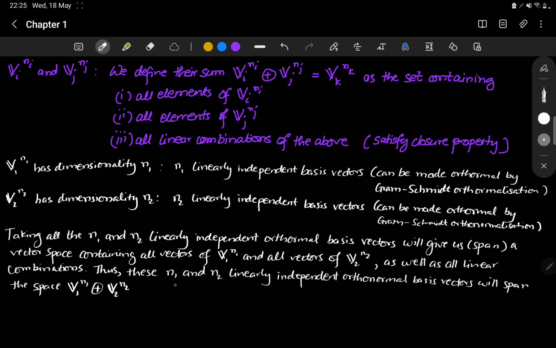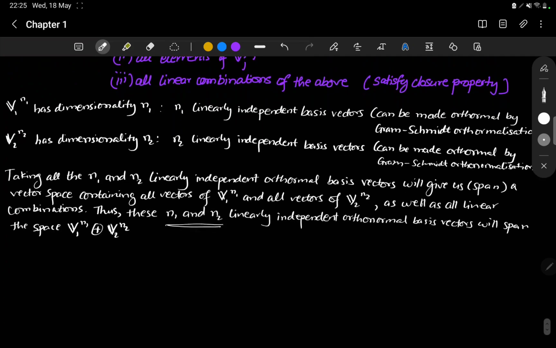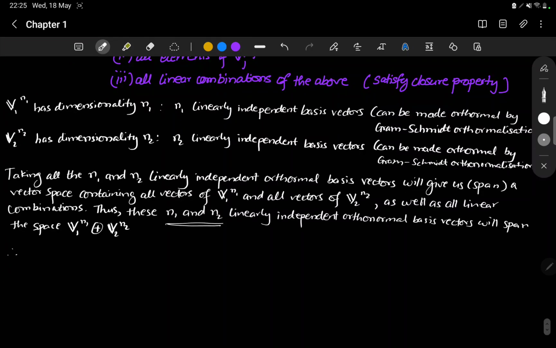Thus we can see that since we have N1 plus N2 linearly independent orthonormal basis vectors in the space V1 N1 ring sum V2 N2, therefore V1 N1 ring sum V2 N2 has dimensionality of N1 plus N2.